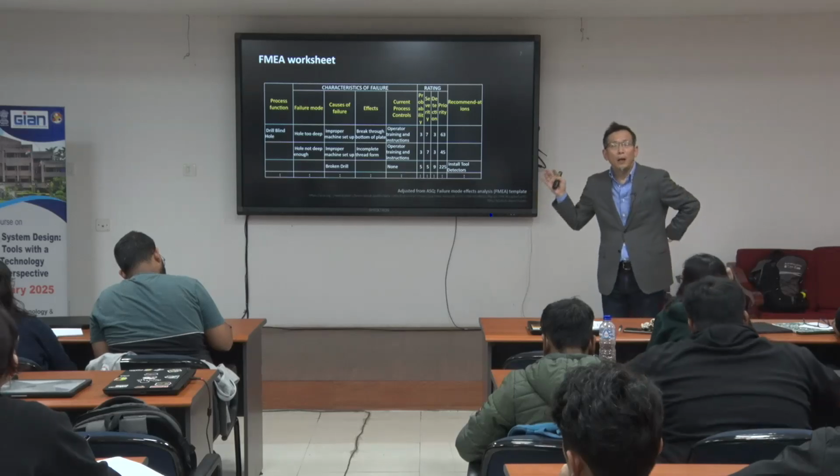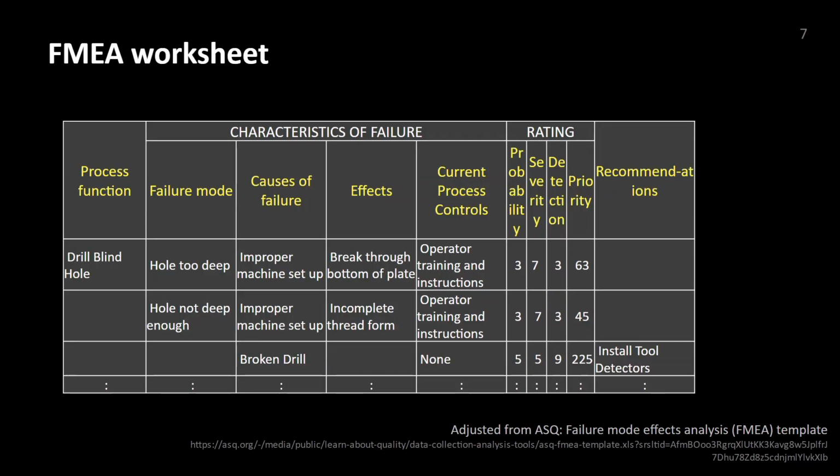And I'm sure that you have seen this kind of sheet, typically used for FMEA, and nothing new for those of you who have learned the method. I've taken this table from ASQ, available on the website. On the left-hand side, it starts with process function.